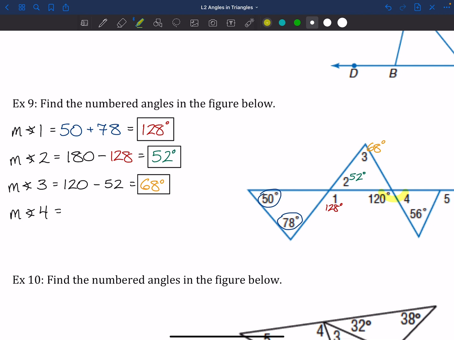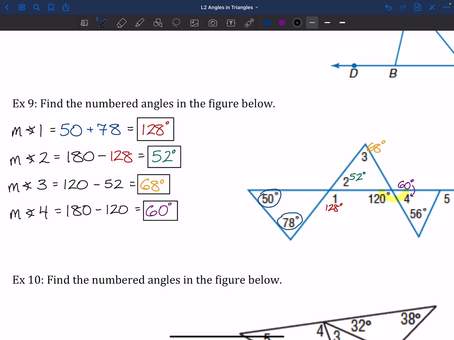So I have 180 minus that 120 that's already on the diagram, and then angle 4, bada bing, bada boom, is going to just be 60 degrees. So we're almost there.